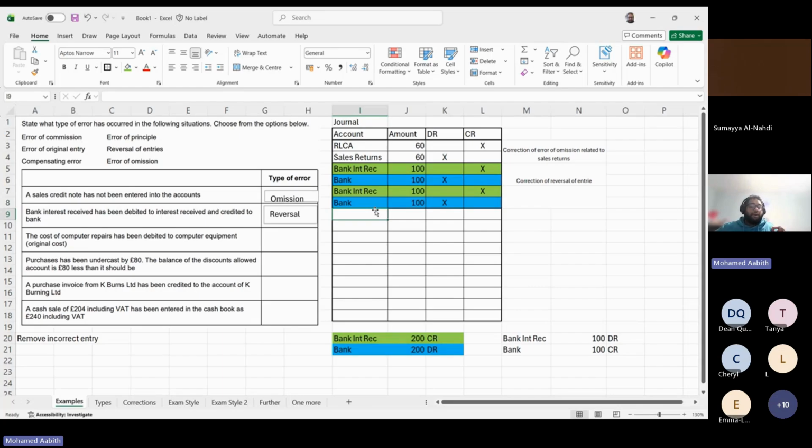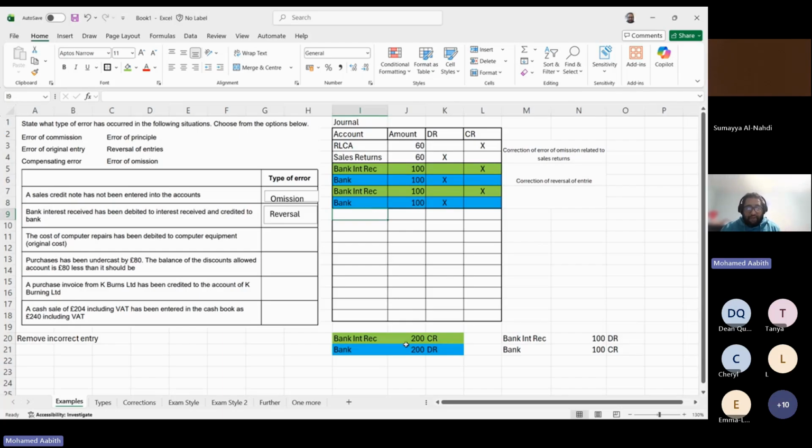But that computer equipment is meant to go down in price. So by putting the expenses onto the debit side, it will increase the value of that computer, which is absolutely wrong. We call this an error of principle. That means we record the entry into a wrong type of account.